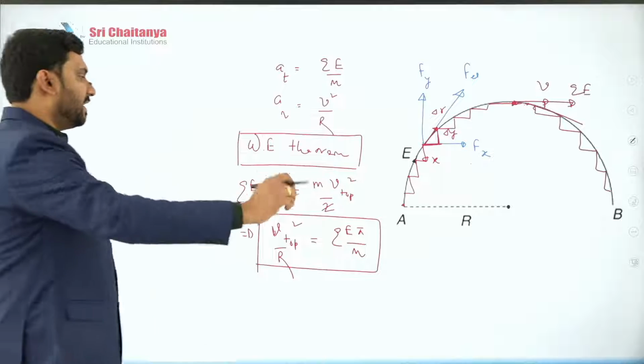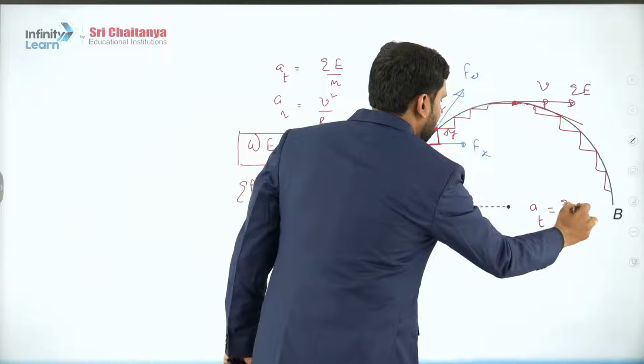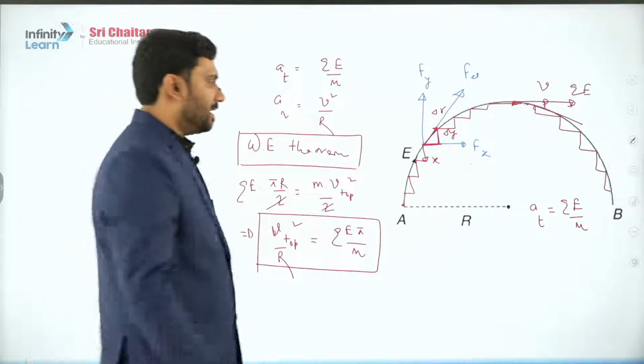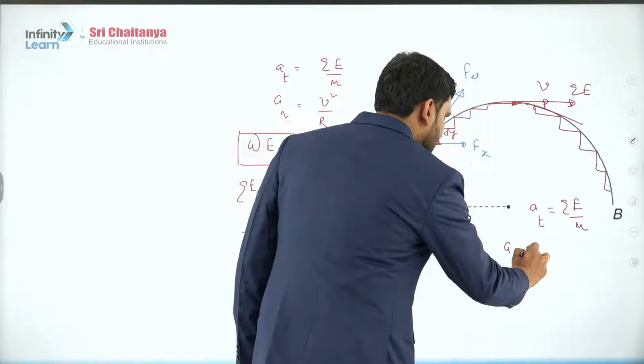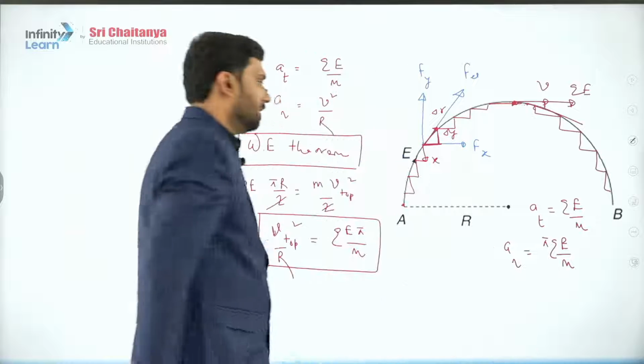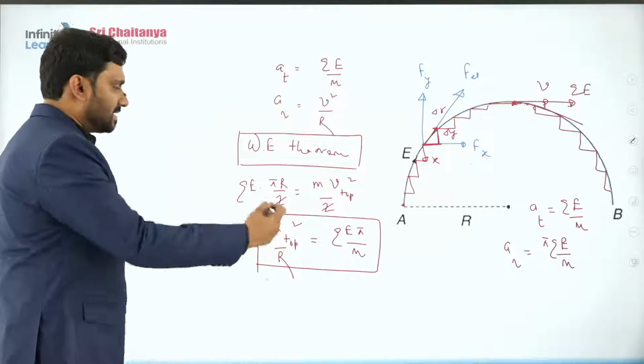So how much did we get finally? We got a tangential is equal to QE by m, and a normal is equal to pi QE by m. So we have two accelerations, normal acceleration as well as tangential acceleration. So what is the net acceleration?